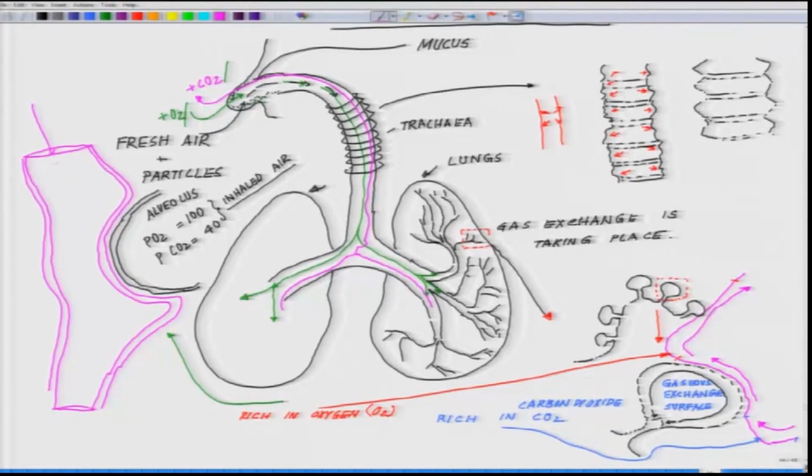So blood approaching the alveolus from the heart is rich in carbon dioxide and it is coming through the pulmonary artery. Pulmonary artery is bringing it, and this has partial oxygen pressure of 40, whereas partial CO2 is 45.